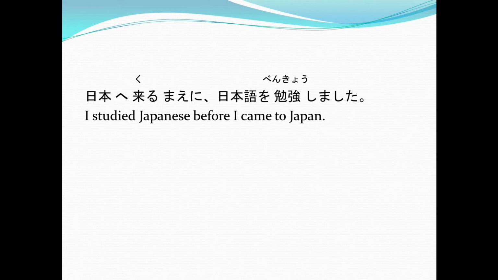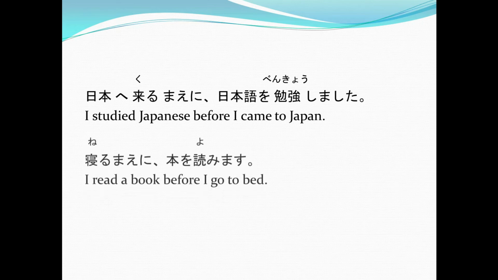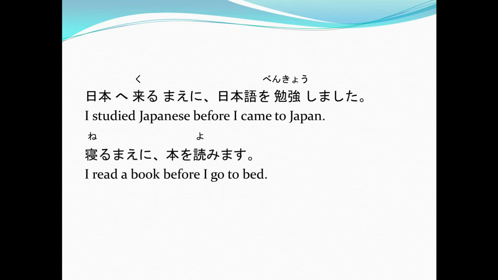Remember, verb 1 will always be in the dictionary form, even if verb 2 is in the past or present, noting that verb 2 has to happen first before verb 1. So in this sentence, he said that before he came to Japan, he studied the Japanese language. Wakatta? Now another example. Nerumae ni hon o yomimasu.